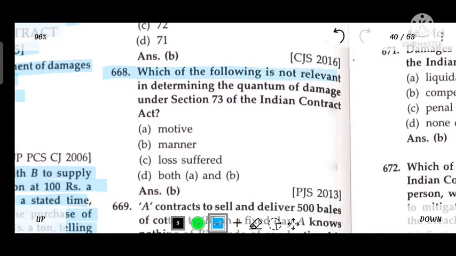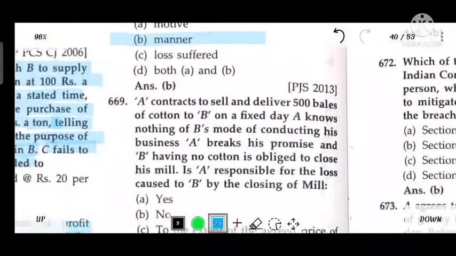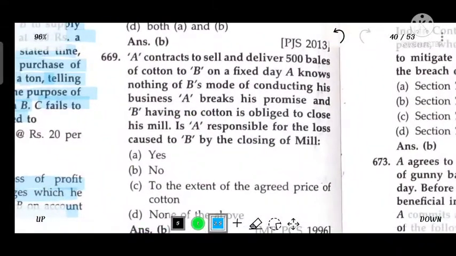Which one of the following is not relevant in determining the quantum of damage under Section 73 of the Indian Contract Act? Manners. A contracts to sell and deliver 500 bales of cotton to B on a fixed date. A knows nothing of B's mode of conducting his business.